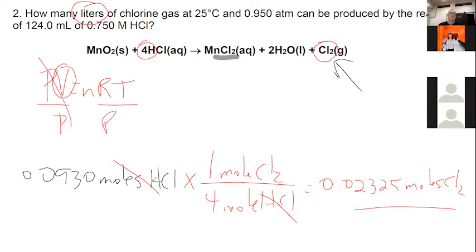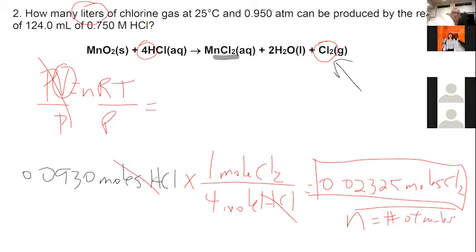So volume is equal to nRT divided by P. And what number is this in that equation? Is it the V, the n, the R, the T, or the P? It's n, the number of moles.